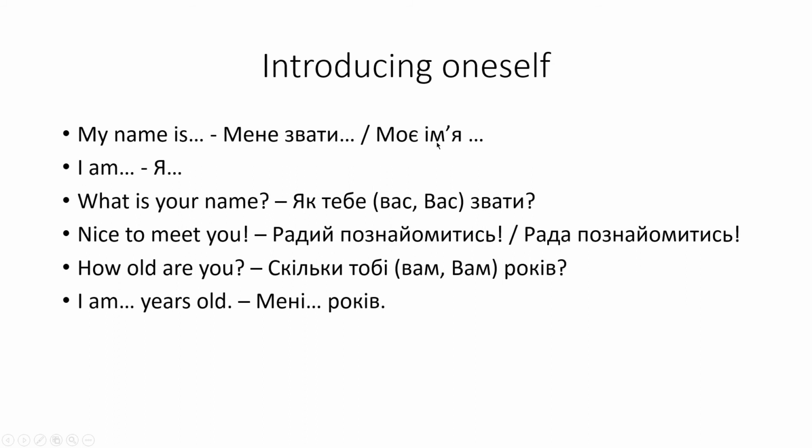Or, моє ім'я, Марія, Іван, and so on. Both are possible, both you can use. The difference only that мене звати has no, how to say it? It has no direct translation into English, so just memorize it, please.